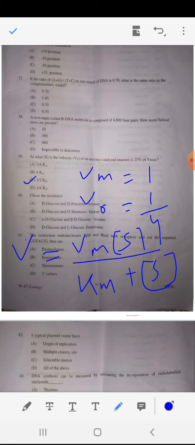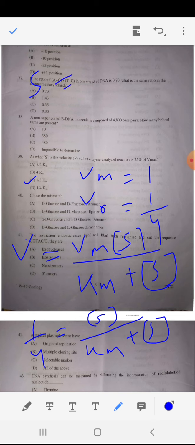So 1 by 4 equals S by Km plus S. If we do the cross multiplication, we get 4S equals Km plus S. That means Km equals 4S minus S, that is 3S.